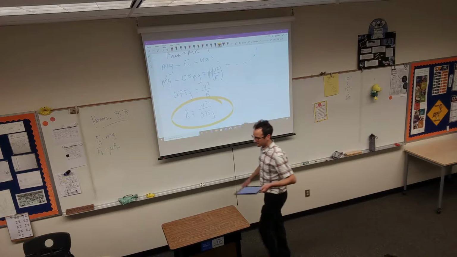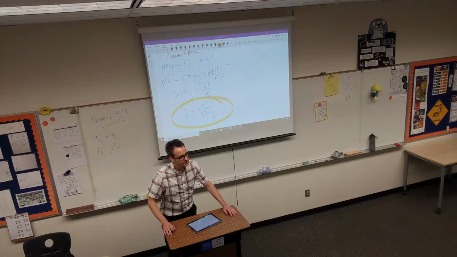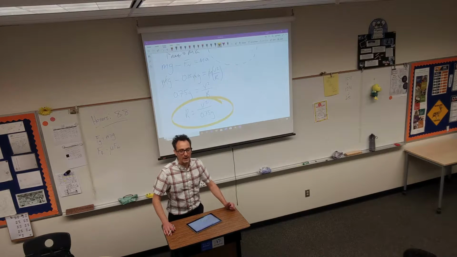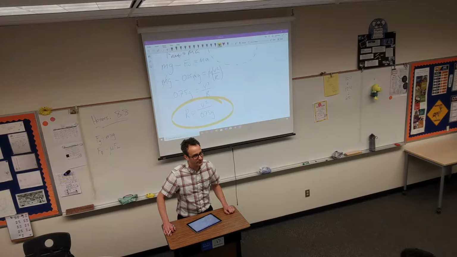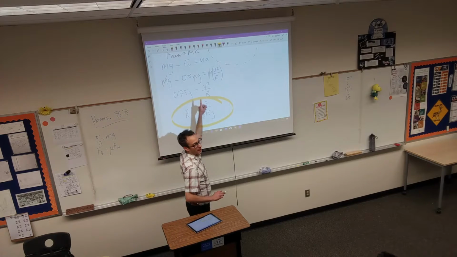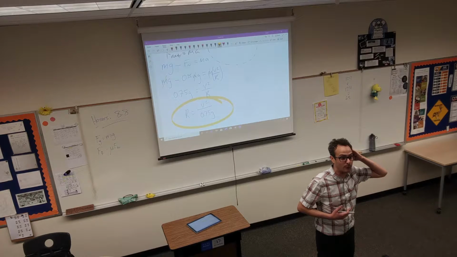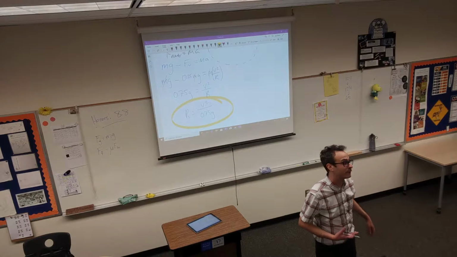That's a good point right here. The faster you go, do you experience more weightlessness or less weightlessness? More weightlessness, right? So if you wanted to feel 3/4 of your weight, would you have to go faster or slower?